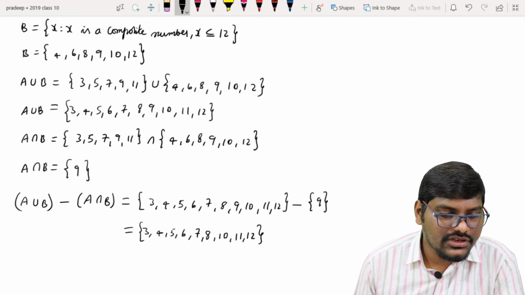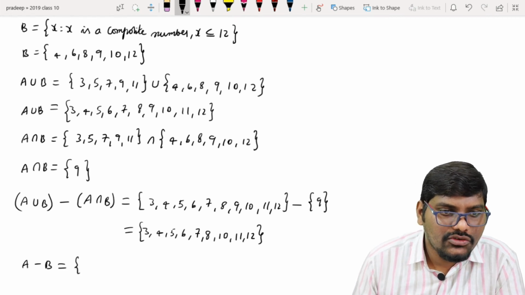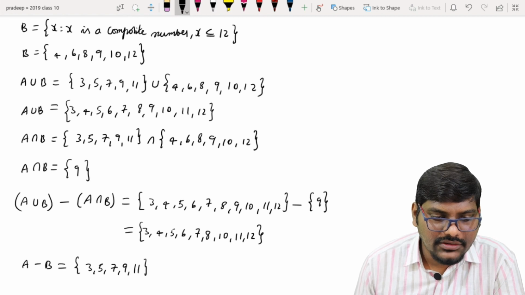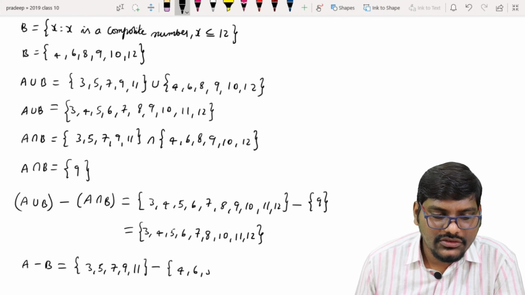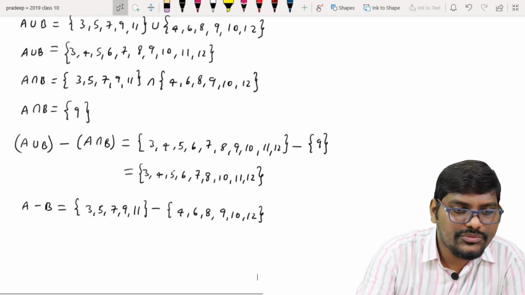So the next condition is A minus B, which means we'll be taking A. What is A? A is 3 5 7 9 11. Alright, this is A. And what is B? B is 4, 6, 8, 9, 10, 12. Alright, so this is the B set.